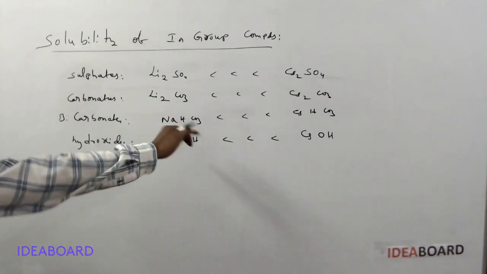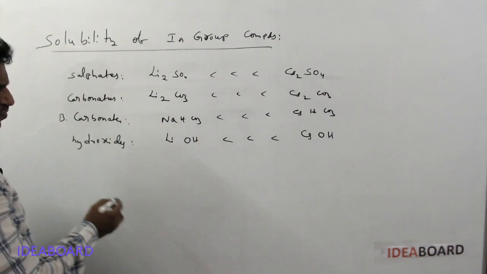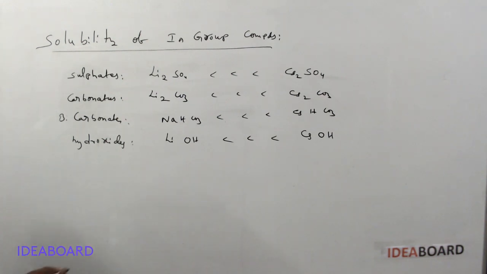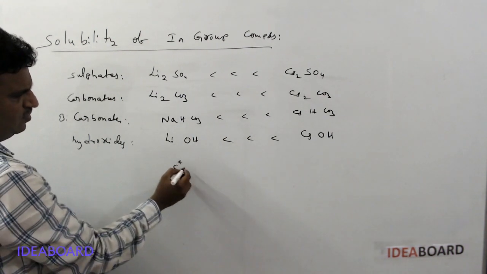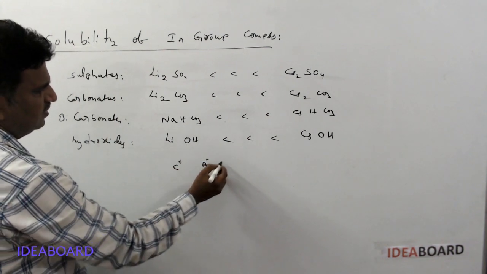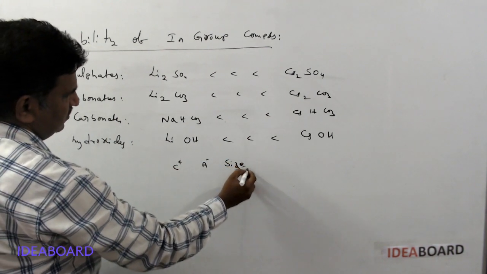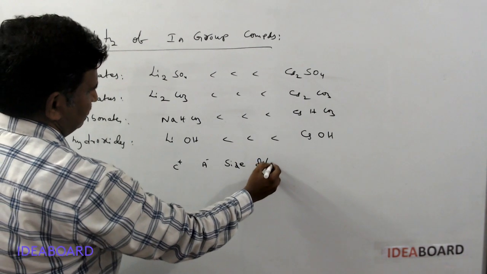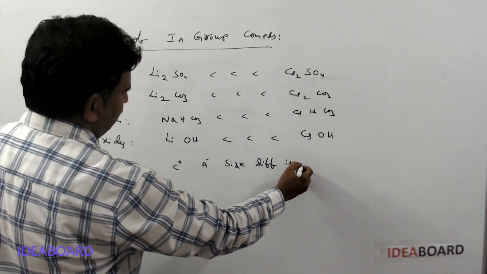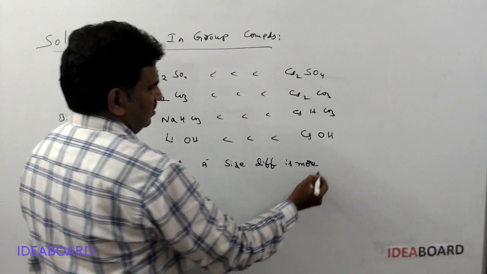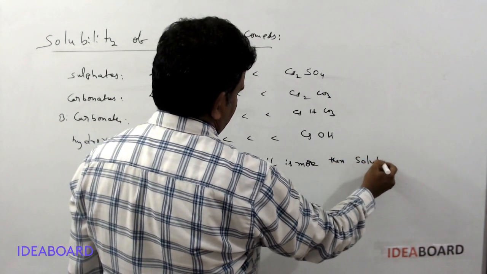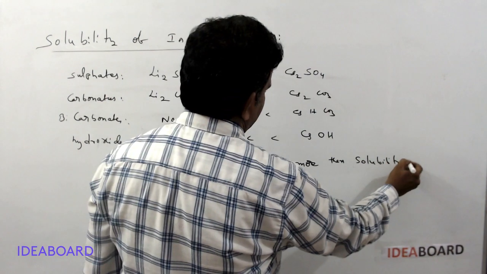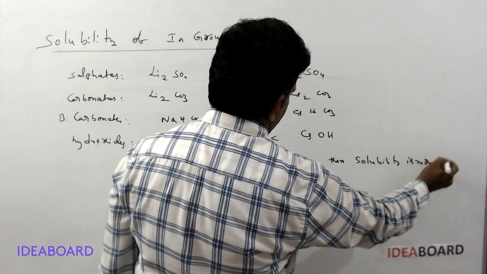How to remember this: you simply remember only one main point. What is that point? The cation and anion size difference. If the size difference is more, then solubility is more.